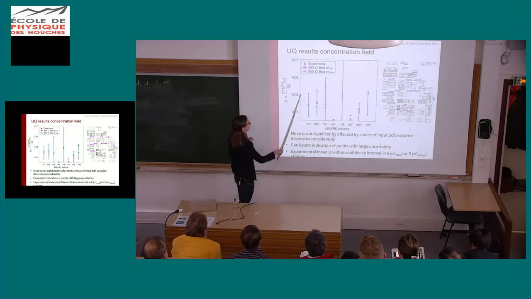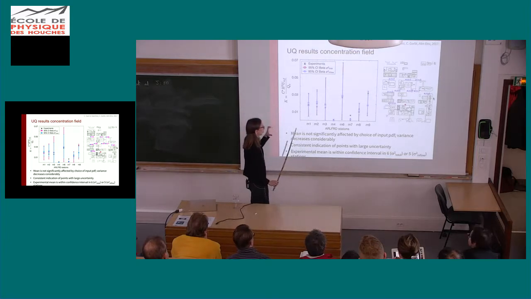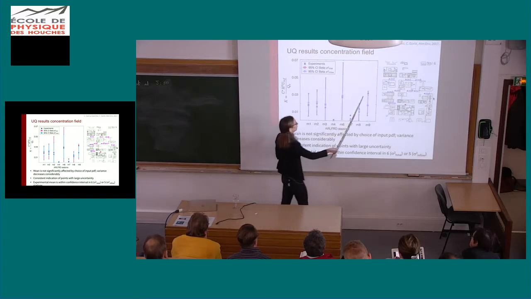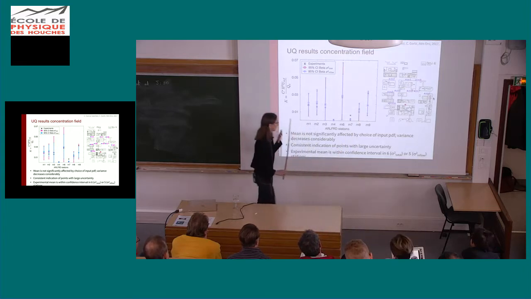If we look at the 95% confidence interval, then we have 6 of our 8 measurement stations that are within that confidence interval when we use the total variance, and 5 when we use the reduced variance. Where we do not get it, it's actually in the regions where we're looking at pretty low concentrations. And here, the smaller inflow variance really only just misses it by a little bit, right?